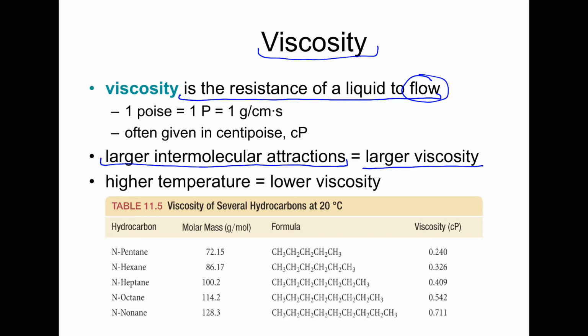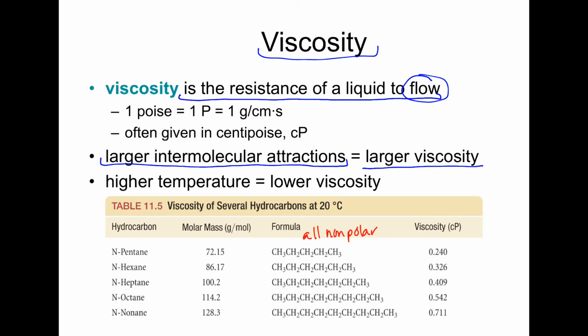So here, I have some long chain carbon molecules like this. As I'm going down here, all I'm doing is adding on one more CH group. Because these molecules are so similar, they're just long chain carbons, they all have the same intermolecular force. They are all nonpolar.